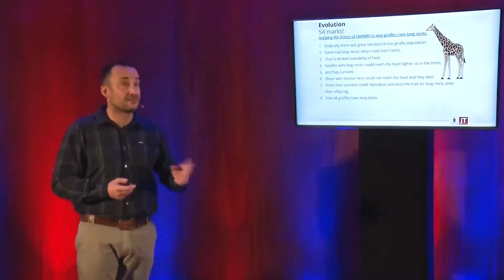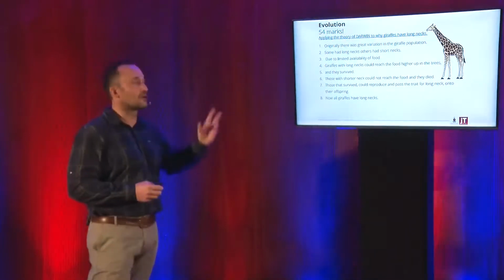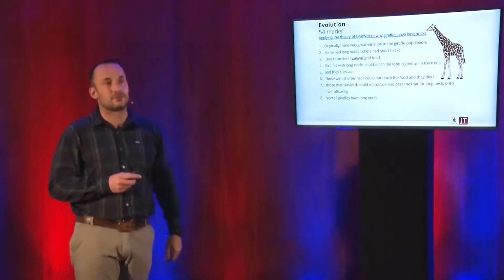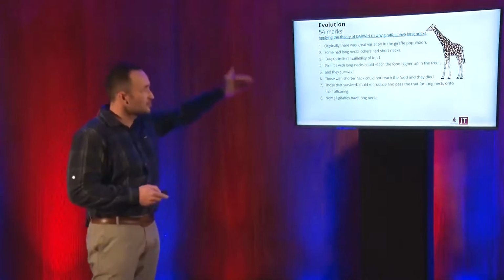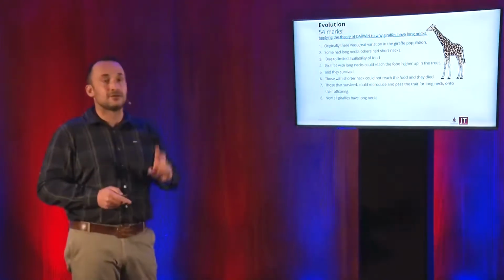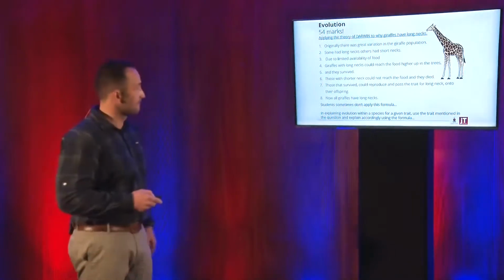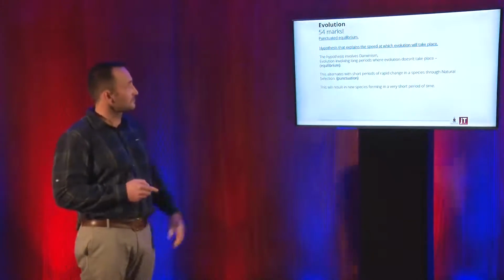Those that survived, particularly those giraffes with long necks, were able to reproduce and pass on this trait to their offspring. And that is why we have giraffes with long necks today. Okay, so be sure to apply the formula that you see now to the context that you get given in your exam.